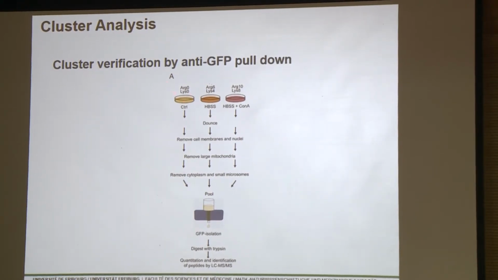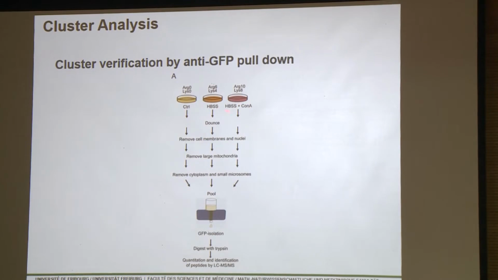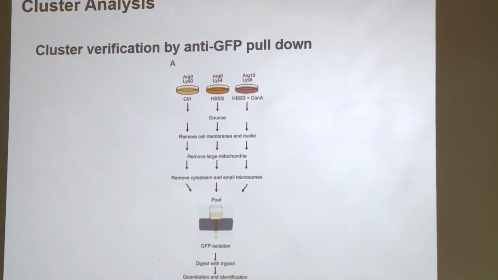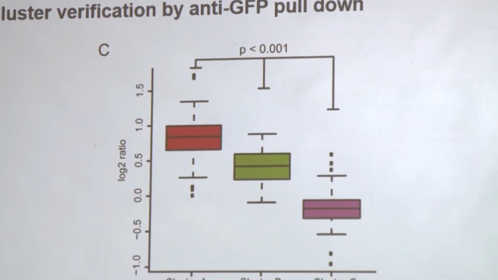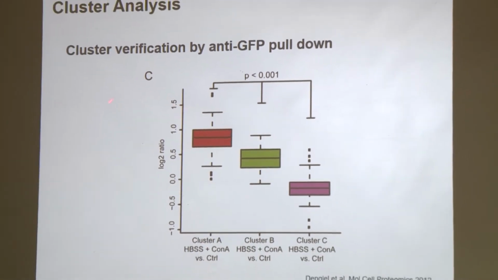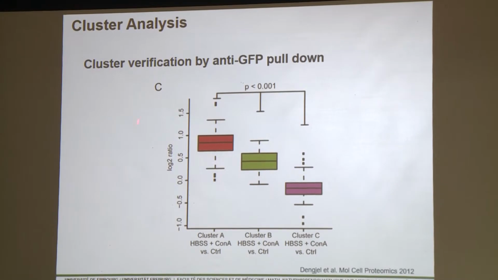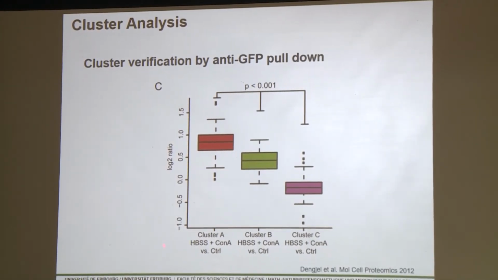And then you do this under control conditions and under different treatments for autophagosome, and then this would be the classical mass spec-based setup, right? And then you can compare the enrichment in your affinity purification based on your proteins when you distribute the proteins in the different clusters.